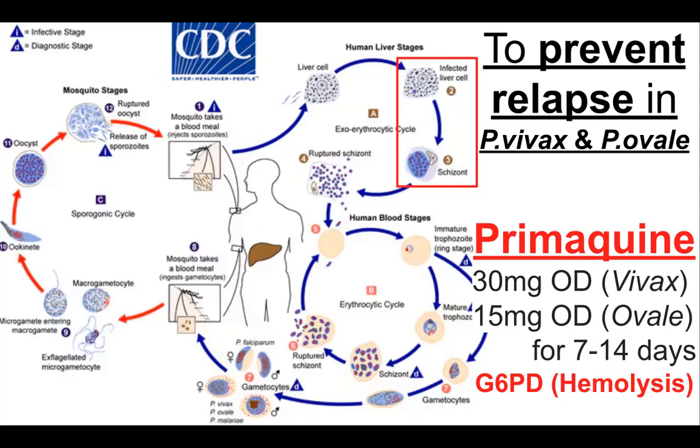So in order to prevent relapse in Plasmodium vivax and Plasmodium ovale, we need to add primaquine, 30 milligram OD for vivax and 50 milligrams OD for ovale for 7 to 14 days, according to the local guidelines. However, we need to be careful if the patient has G6PD deficiency, because primaquine can induce hemolysis in patients with G6PD deficiency. Thank you.